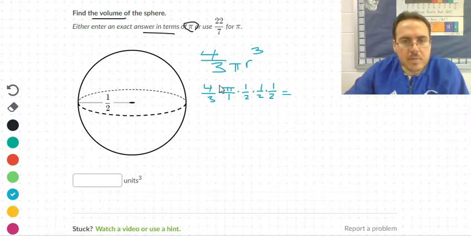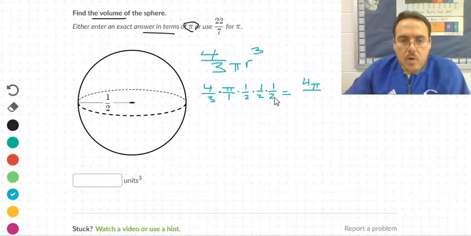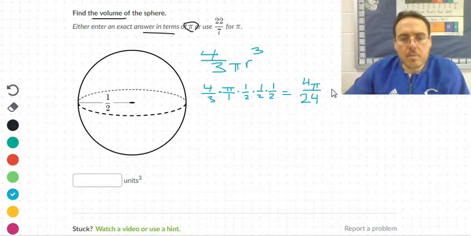All the top would be 4 times pi times 1 times 1 times 1, so 4 pi on top. On the bottom, 3 times 1 times 2 times 2 times 2. 3 times 1 is 3, times 2 is 6, times 2 is 12, times 2 is 24. So that'd be 4 pi over 24. Those can both be divided by 4.